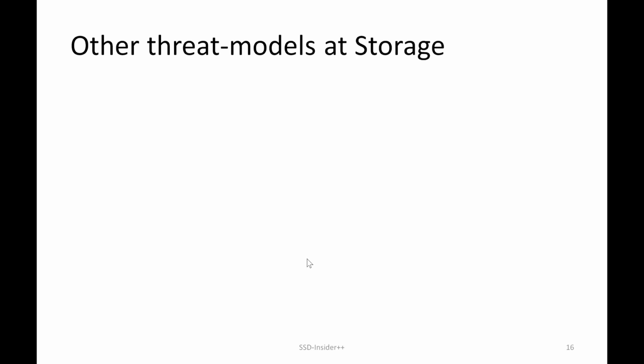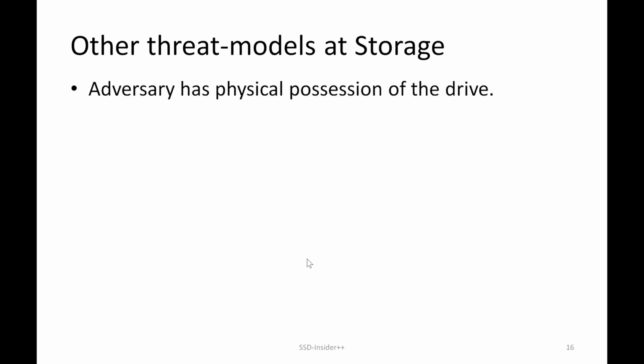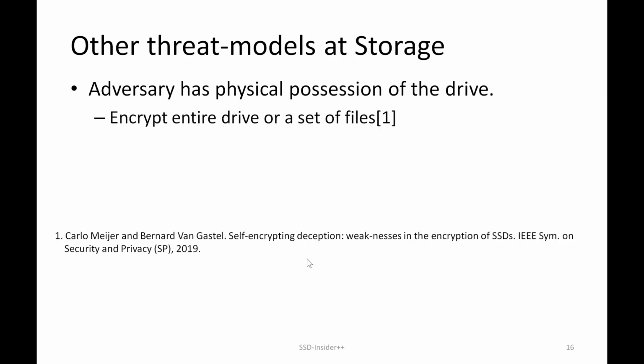But there are other threat models also, and a popular one is where the adversary has physical possession of your drive, like he has stolen it, or he has some other device which can take a copy of all your data, etc. Right? So if physical possession is a threat model, then one of the best defenses is to encrypt the entire drive or encrypt a few set of files that the user feels are important.